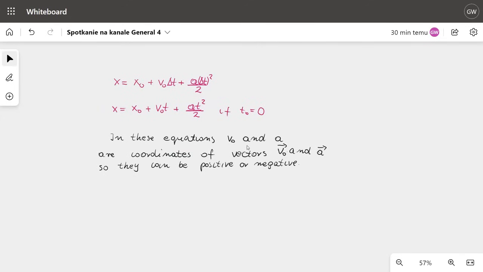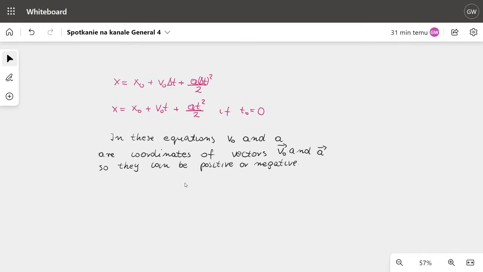If we change definition of V0 and A in these equations to coordinates of V0 vector and acceleration vector, then we will have always this equation. And here there always will be plus.